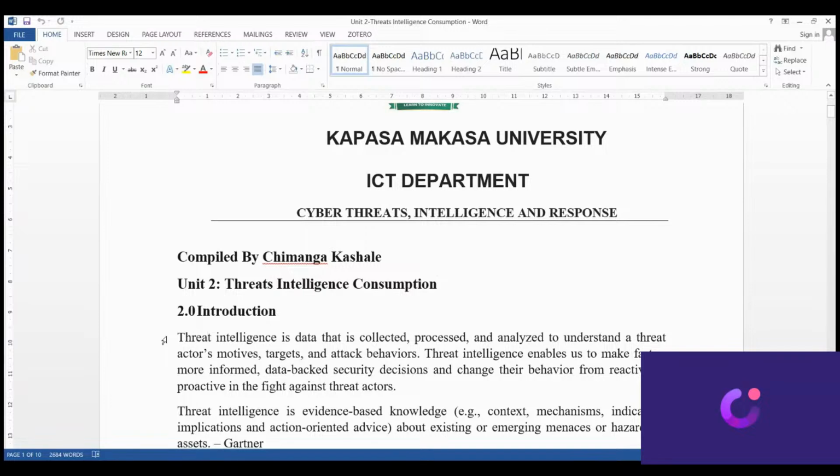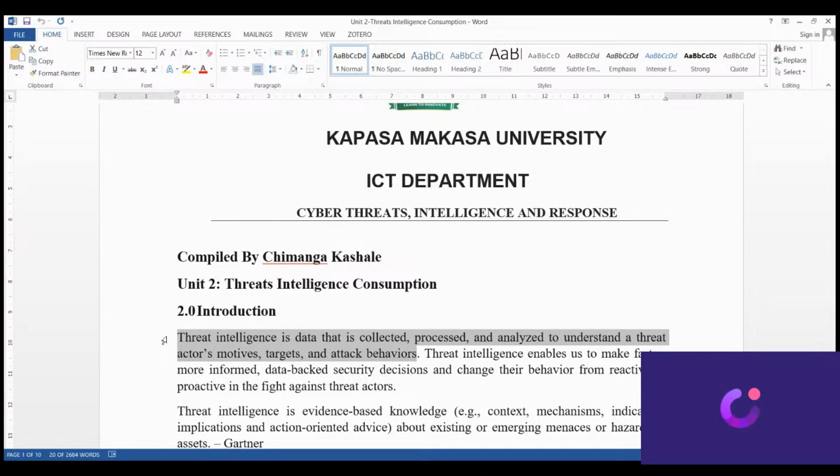threat intelligence consumption. Threat intelligence is data that is collected, processed, and analyzed to understand a threat actor's motive, targets, and attack behavior. We talked about it the other day when we talked about the analysis. You collect this data, then you process.